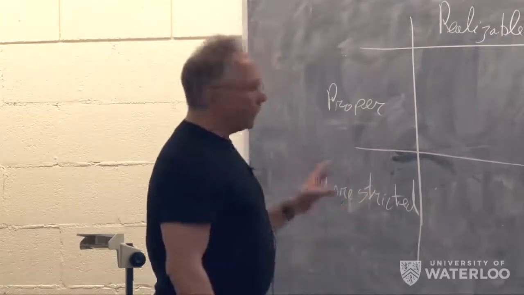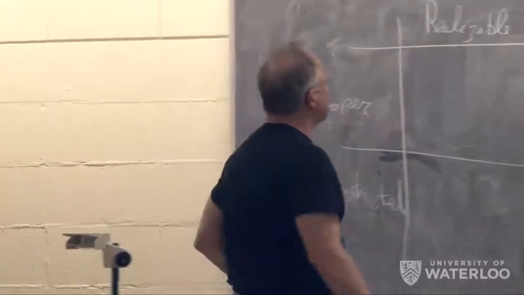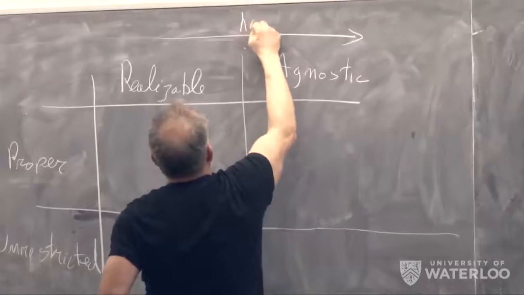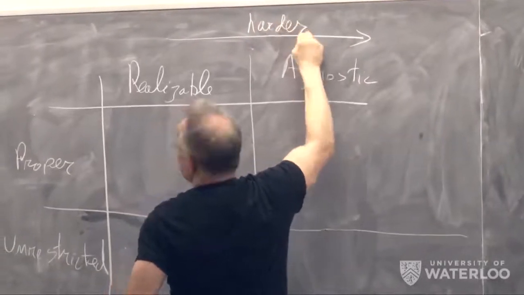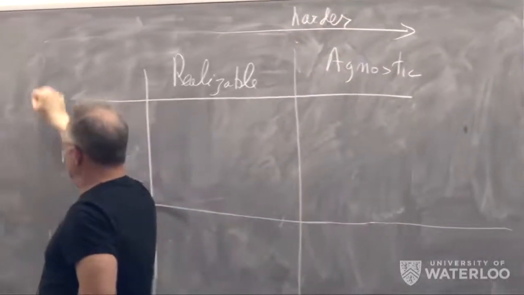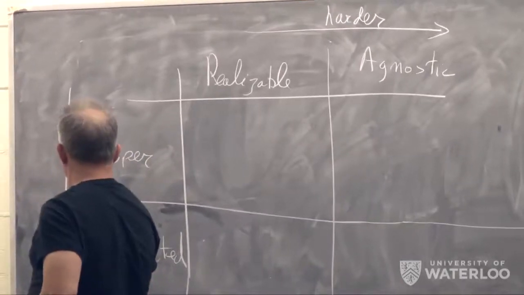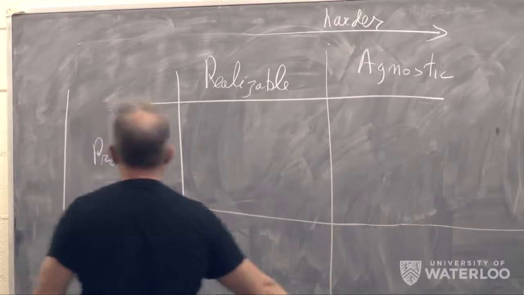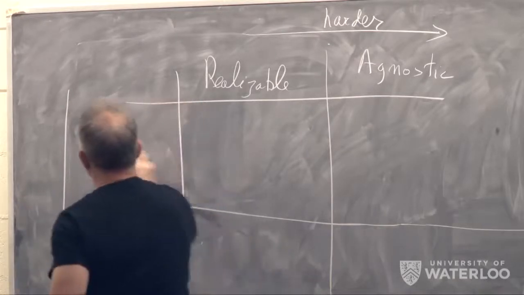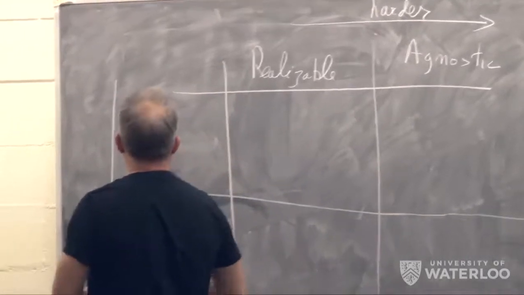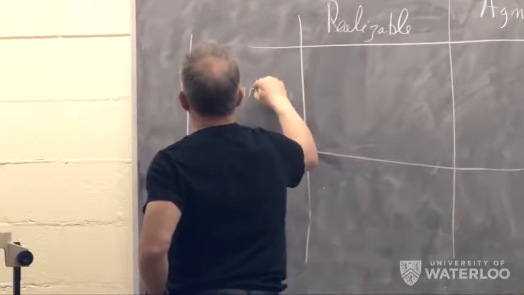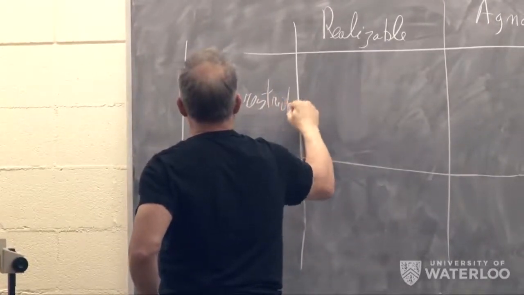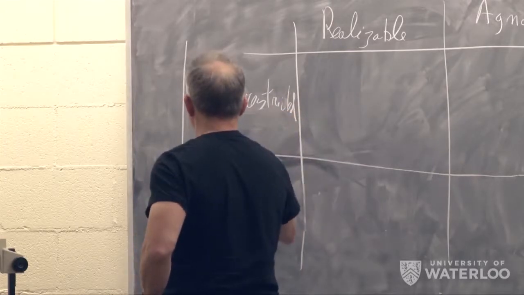So if we look at these two axes, we can easily notice that if we move along this line, it will become harder. Let me change the order here. Put unrestricted here, and here proper.